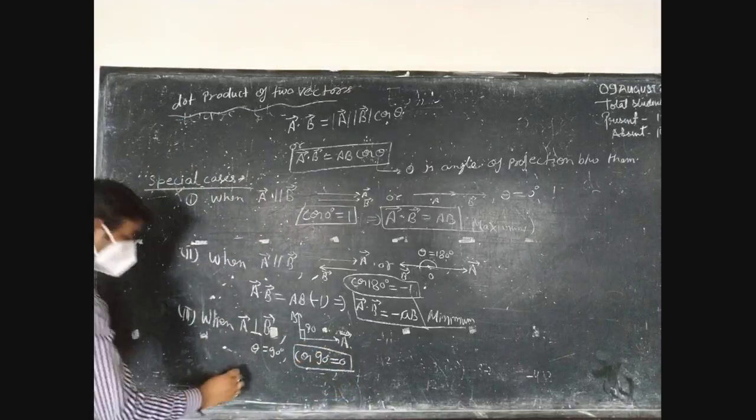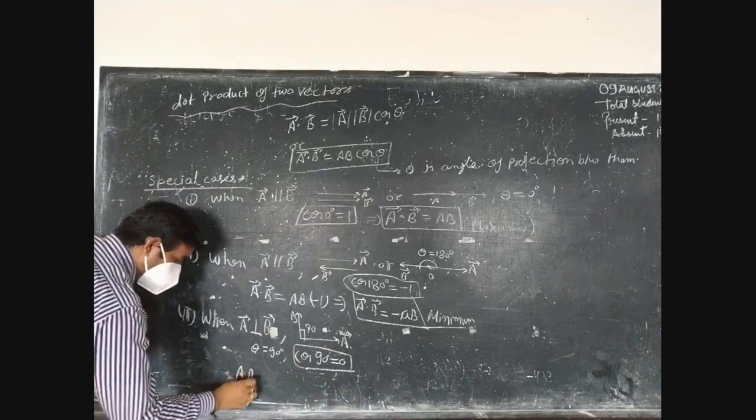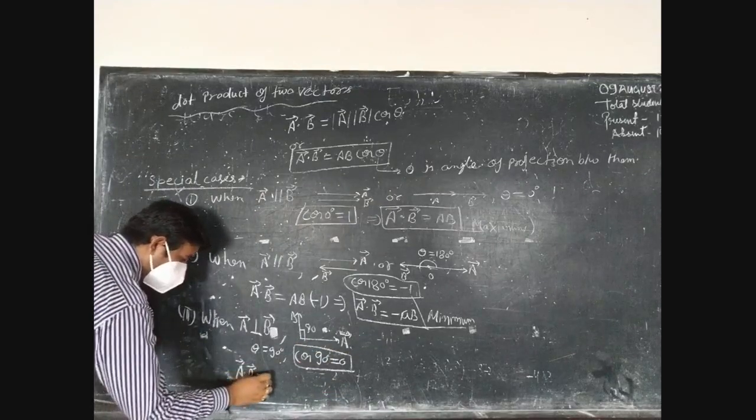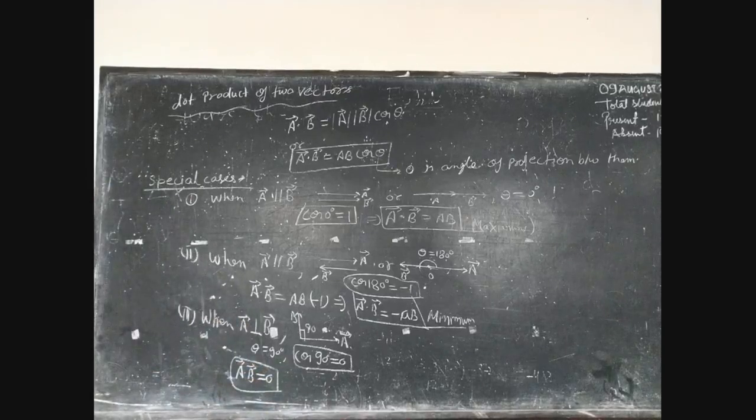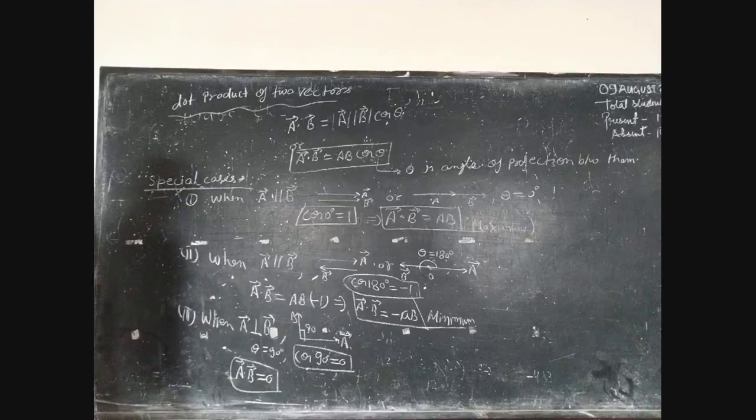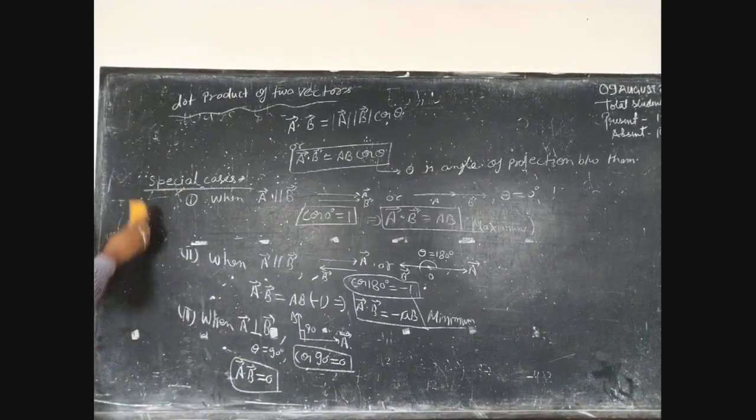That means the value of the dot product of vector A and vector B is 0. This is the special situation for the dot product. Done? Okay.